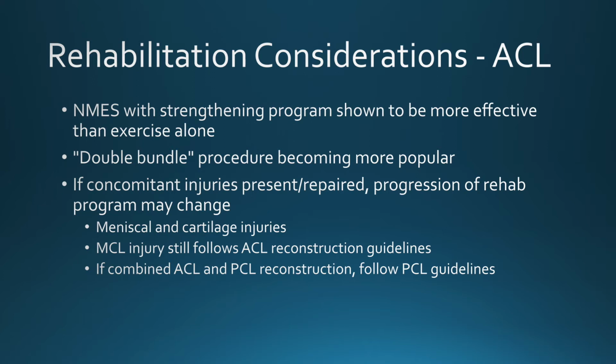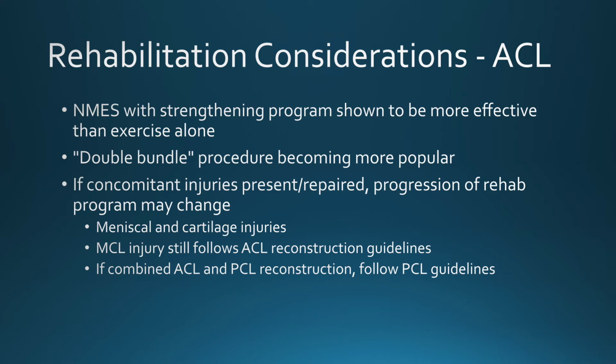This procedure is more difficult to perform, but it's been associated with better knee stability during pivot shift testing after the procedure. Other studies, however, have found the double bundle and single bundle techniques having similar outcomes. No variation does seem to be necessary in rehabilitation, though, from one treatment method to the other.